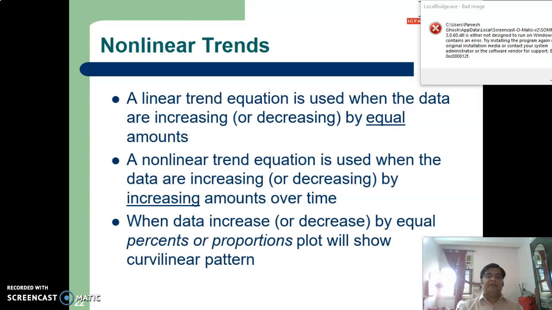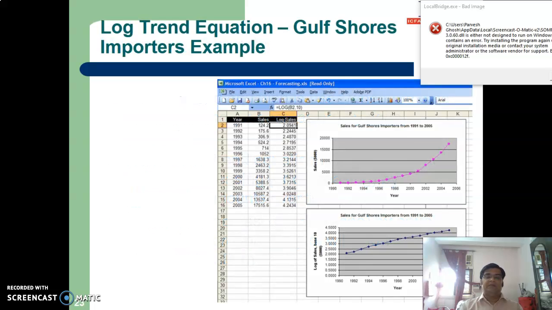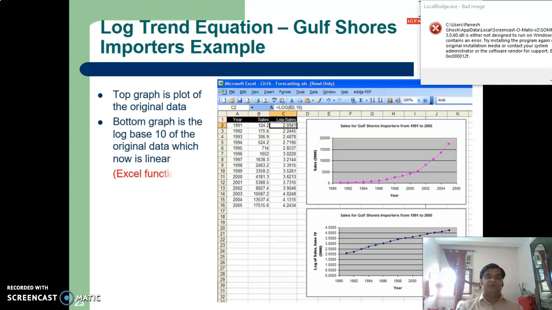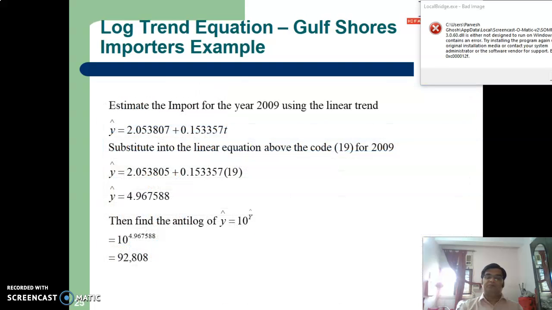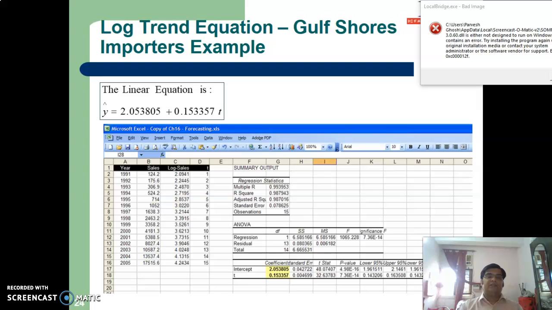A non-linear trend equation is used when the data are increasing or decreasing by increasing amounts over time. It can take the shape of a parabola, hyperbola, ellipse, as we know from different equations, or it can be logarithmic data. You can see the log data of some sales here. These are some types of measurement using time series data that we use to predict different sales.